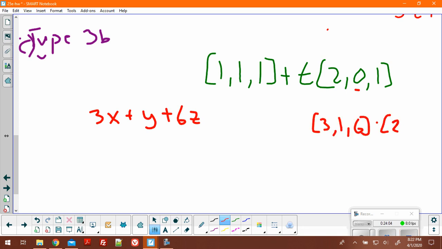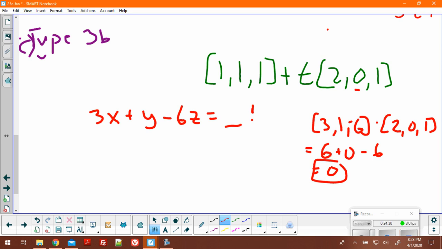When I dot that with 2, 0, 1, I get 6 plus 0. Oh, that is not going to work. Let's change that to minus. Minus 6. That equals 0. So this direction vector is perpendicular to the normal, so this line can lie in the plane.